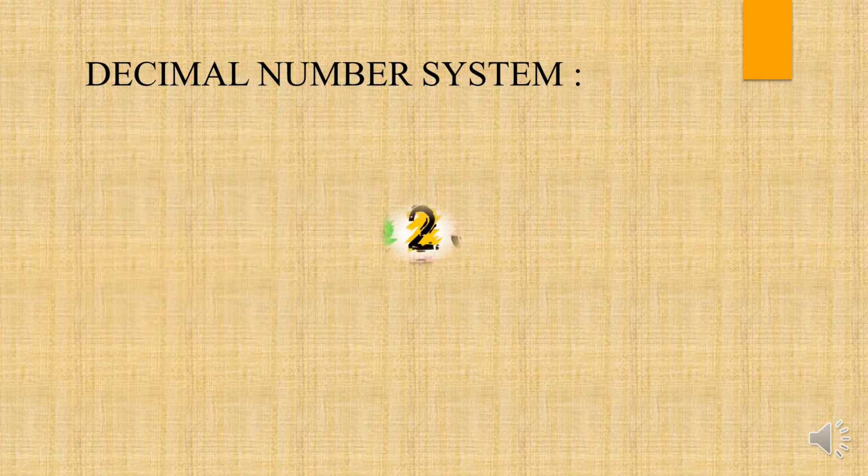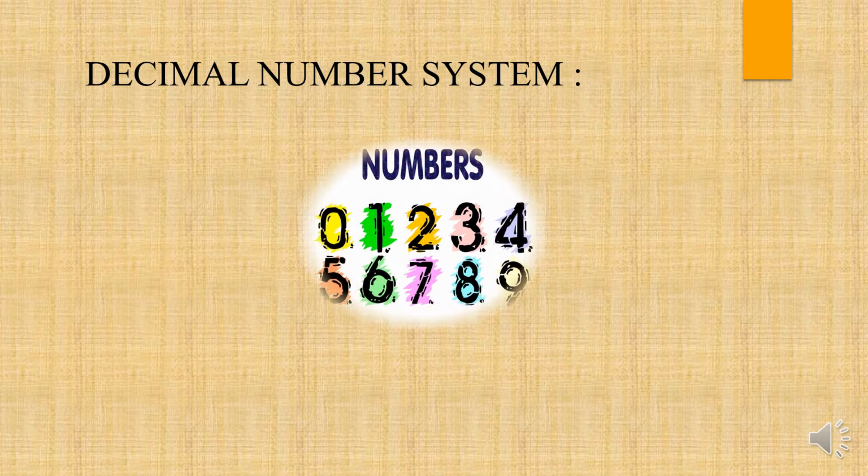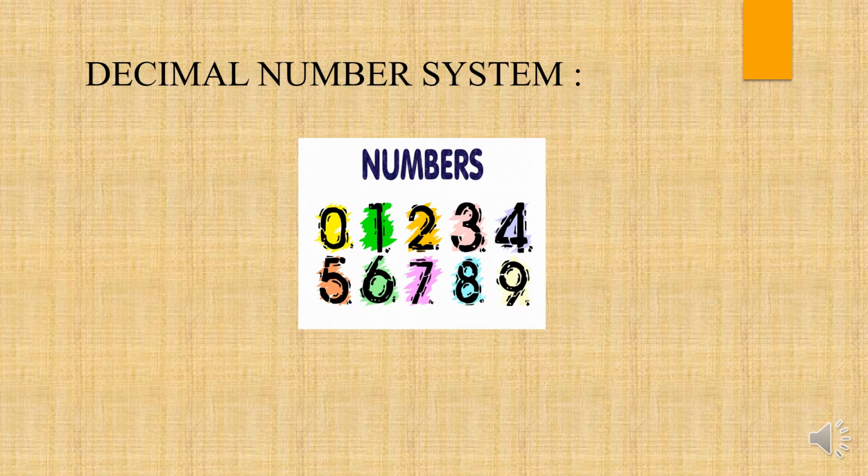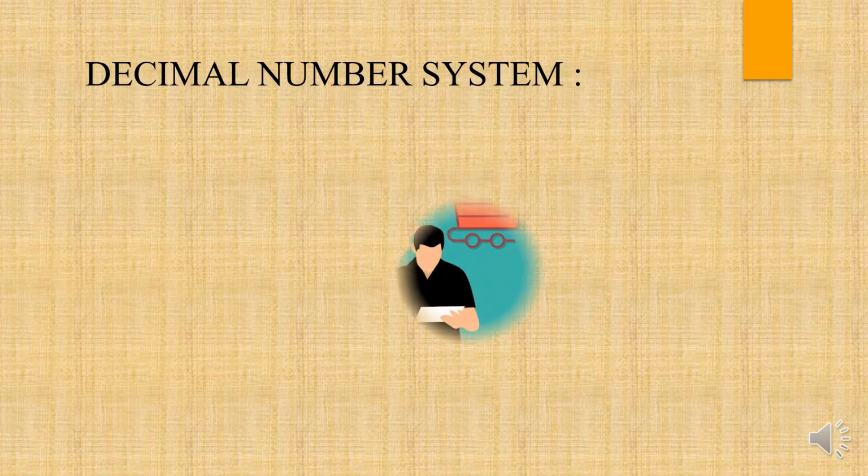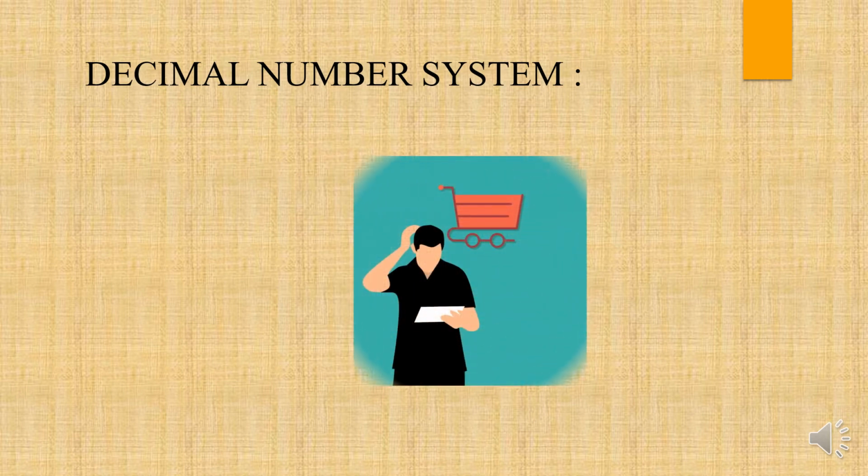Then suppose we are counting anything, right? Suppose how many students are there, how many books are there, in such type of measuring things we use the decimal number system. And other examples, like suppose we go shopping and then we perform the billing and all, then such billing can be performed in the decimal number system.